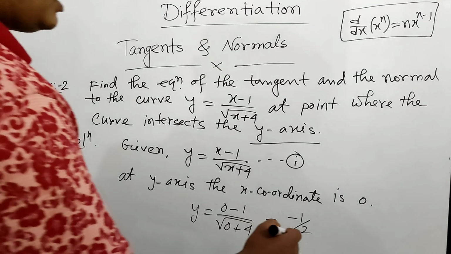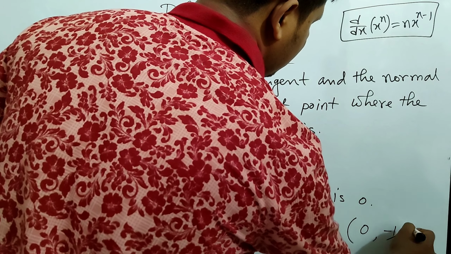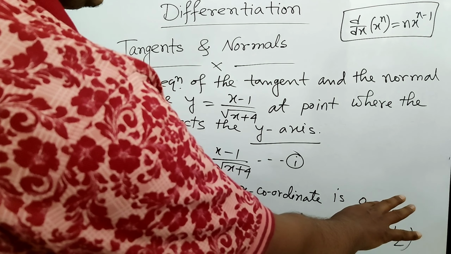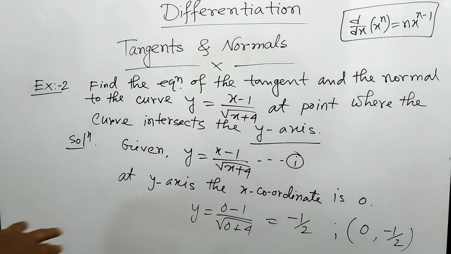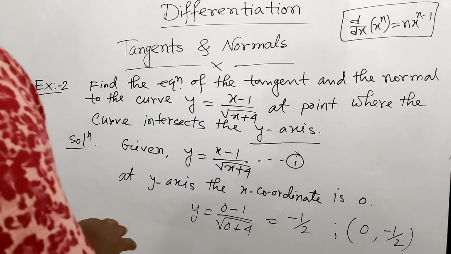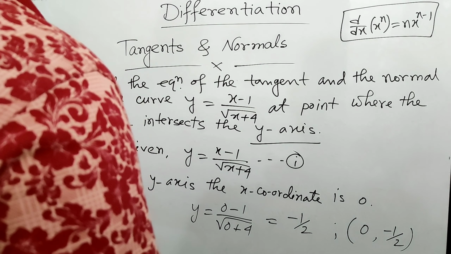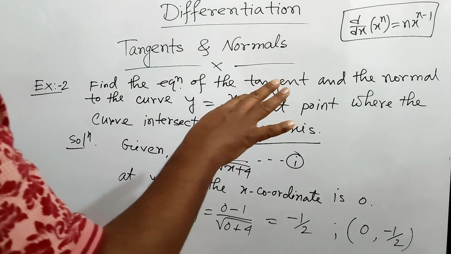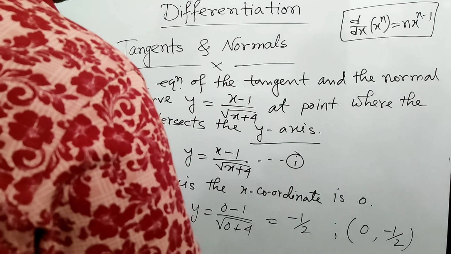So that means our point is (0, negative half). Now we already found the point, that is 0 comma negative 1 over 2. Now we need to find the equation of the tangent and the equation of the normal at the point (0, negative half). First we need to find the value of the gradient at this point.